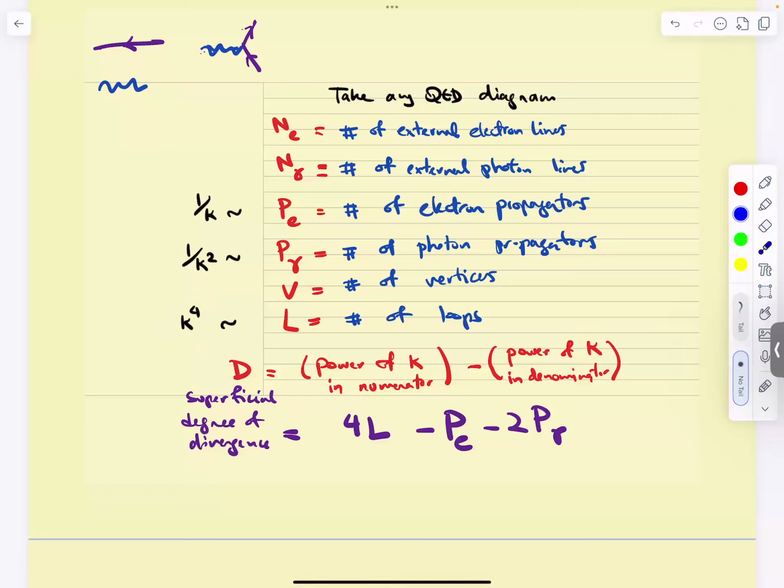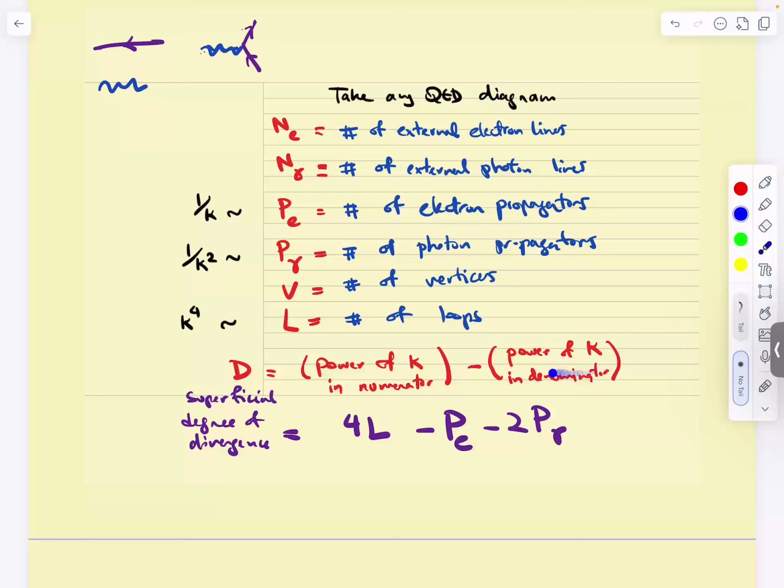So naively, just by some naive dimension counting, to every diagram you could associate a superficial degree of divergence. This is the power of k in the numerator minus the power of k in the denominator. Powers of k in the numerator come from the loops. So it's basically 4 times the number of loops, because every loop contributes d^4k. If you're in D space-time dimensions, this would be DL.